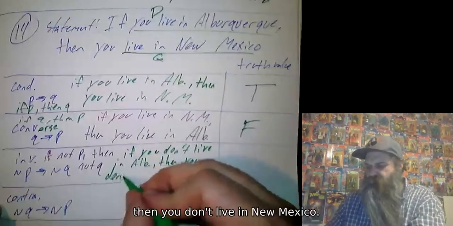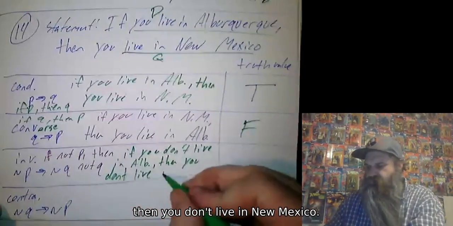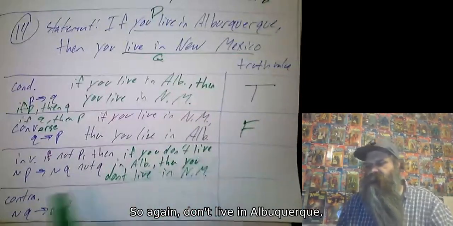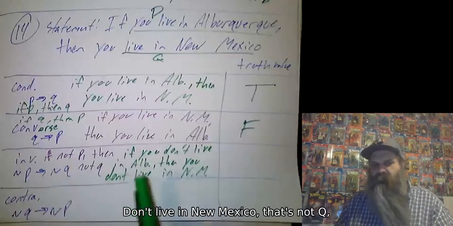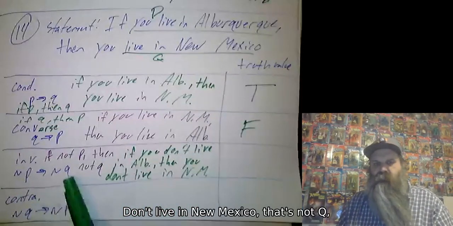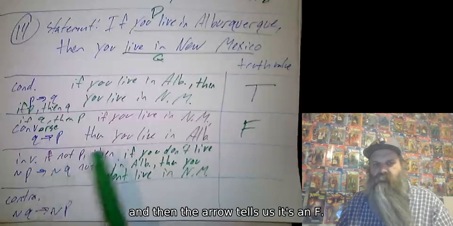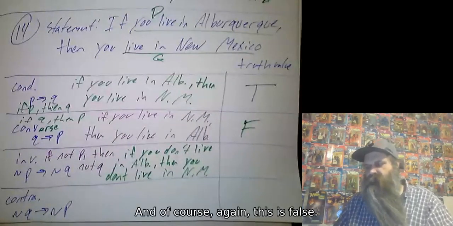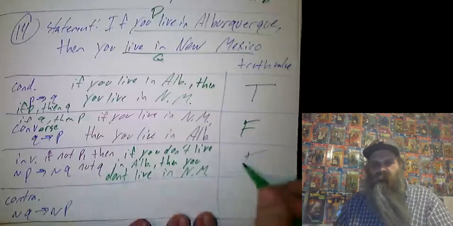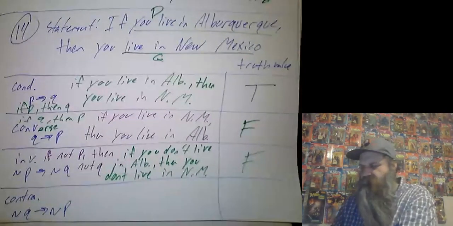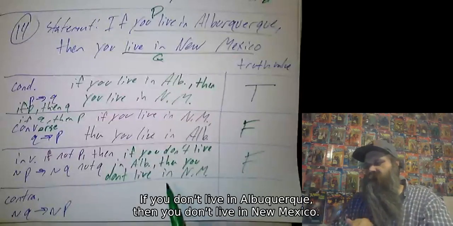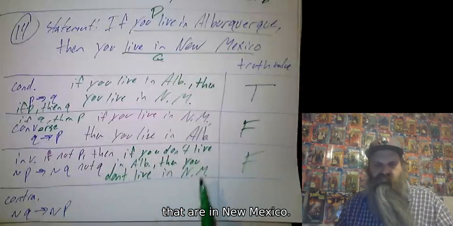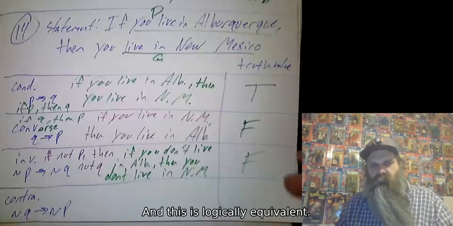Don't live in Albuquerque, that's not P. Don't live in New Mexico, that's not Q. And then the arrow tells us it's an if-then. And of course, this is false. You could live in other cities that are not Albuquerque that are in New Mexico.